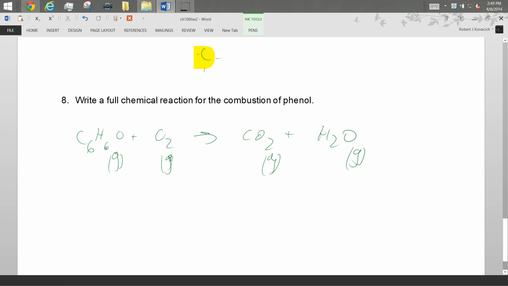Okay, so can I balance that easily? If I put a 6 right there, and then if I put a 3 right here, and then 3, 12. 7? Is that it? So that's 12, 13, 14, 15, 14, 15. Oh, okay.